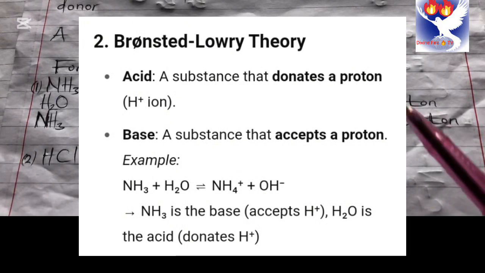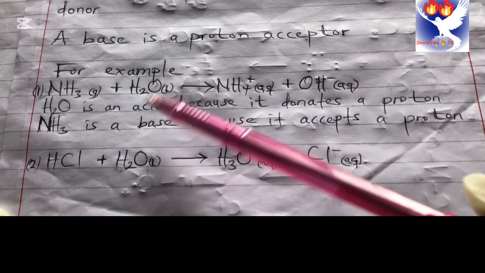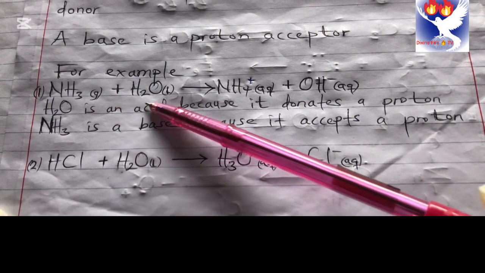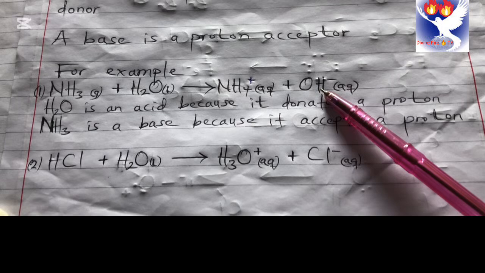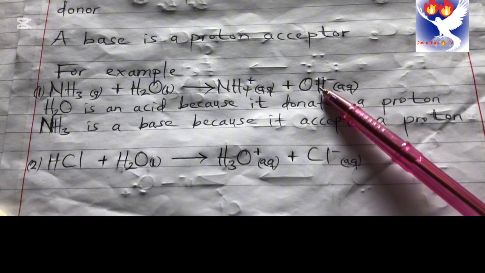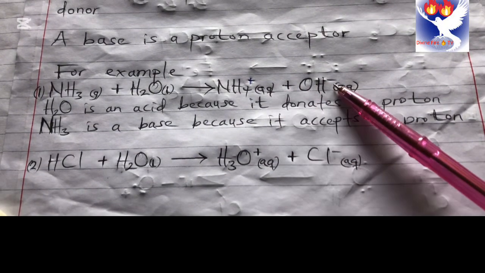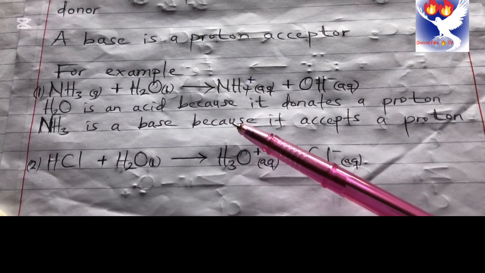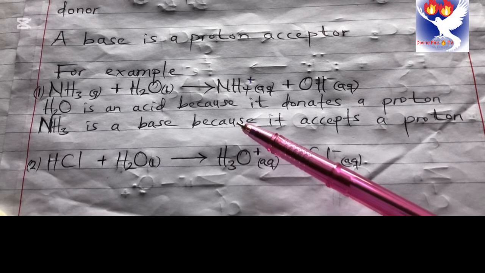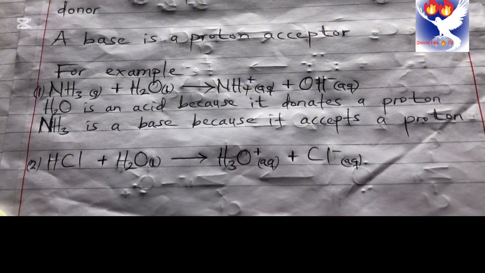Let's look at example 1. Ammonia gas reacts with water to produce ammonium ion and hydroxide ion.